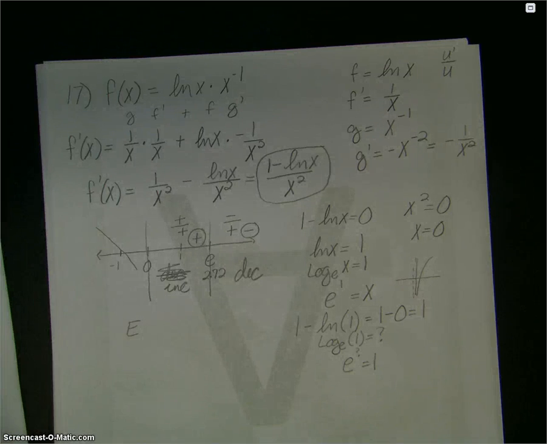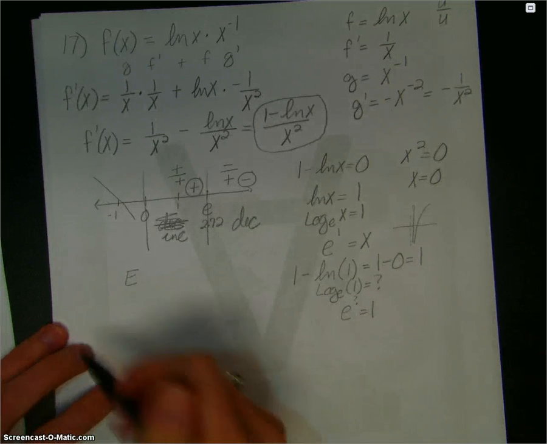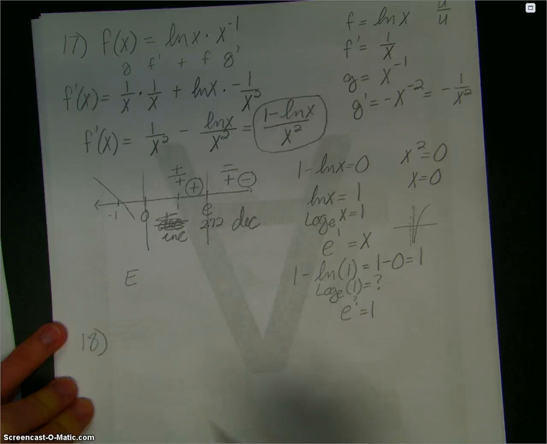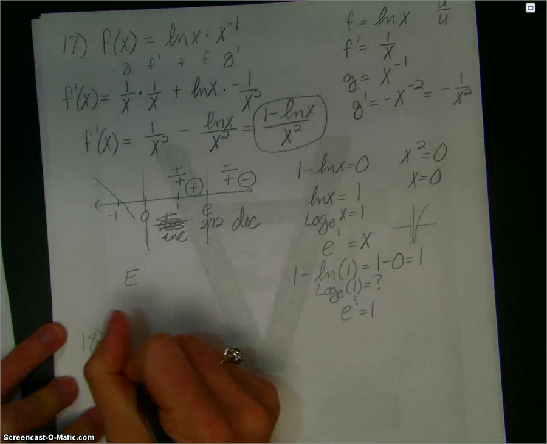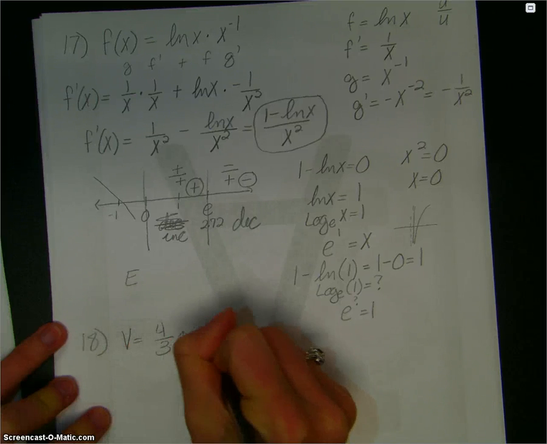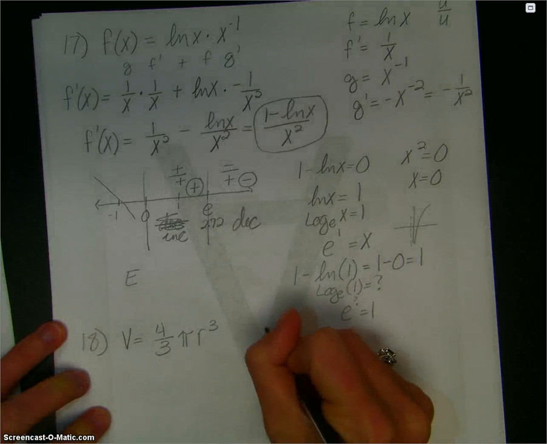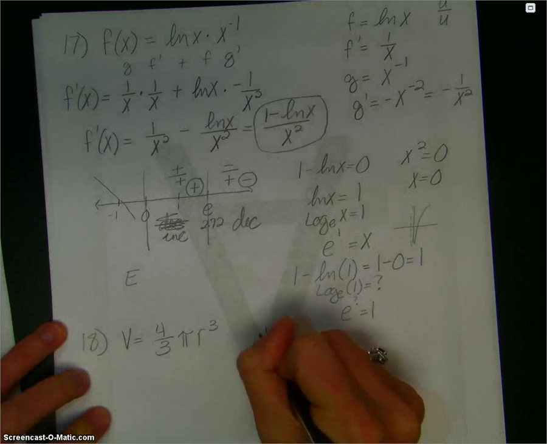Okay, with number 18, we get into our related rates problems. So 18, we're talking about a snowball in the shape of a sphere. Our volume formula, which is this one, is given to us. And we are working at a constant rate, or the volume is increasing at a constant rate.